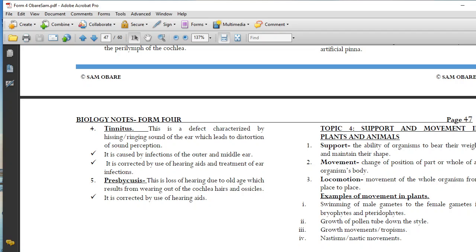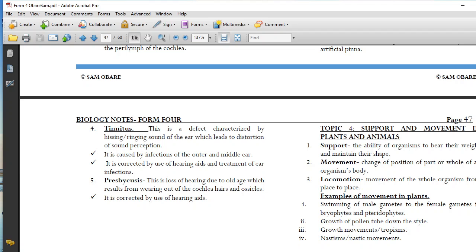So the topics as they are arranged from Form 1 up to the last topic, that is support and movement, they are all about a story of a living organism. And the story is simple, and by now as a candidate, you should be able to tell that story because you now have understood fully the organism and how it is structured by the creator himself.